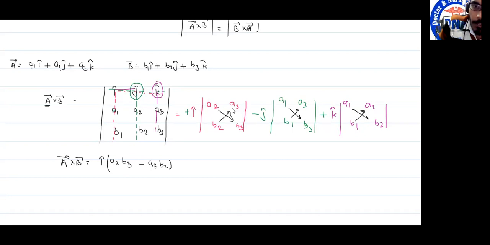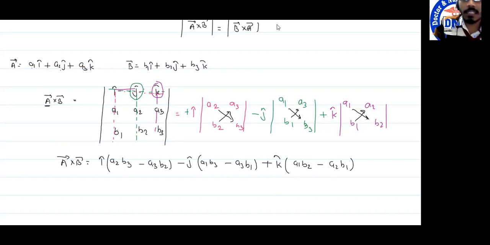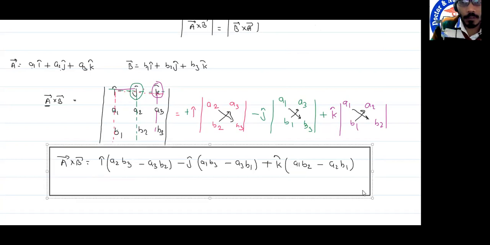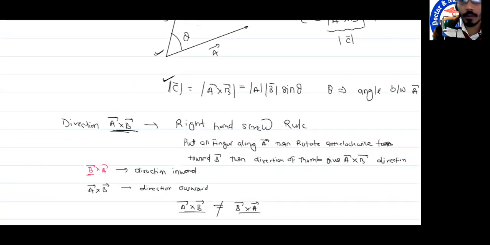Then minus j cap, tell me what I can write right here. A1 B3 minus A3 B1, plus k cap A1 B2 minus A2 B1. So in this manner, we can find the cross product. Any problem? Very, very simple.